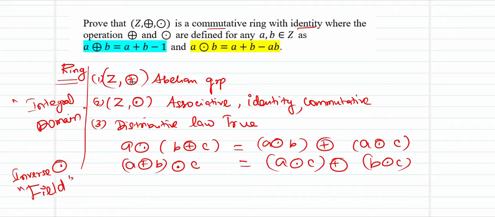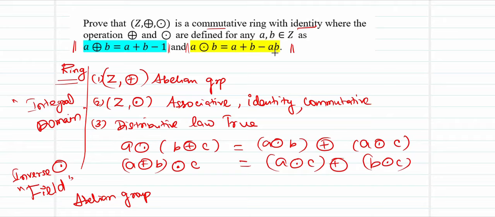The third change which can be done to it is, with respect to plus circle and with respect to dot circle, separately they can ask you to show that they are going to be abelian groups. So with respect to one binary operation, you need to verify all the laws for an abelian group, and with respect to the other binary operation, this can be one problem and this can be another problem.